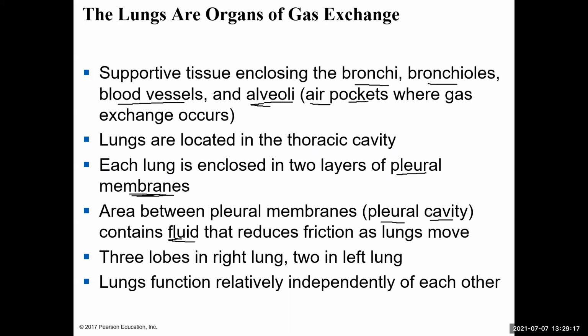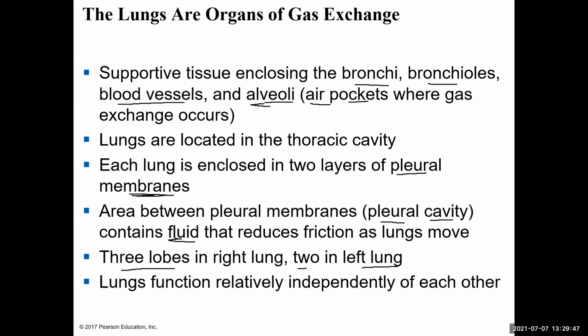So as we exhale and inhale, our lungs are expanding and contracting in size. And so that is causing the lungs to move, and you don't want friction to happen on those important tissues and cause damage to those tissues. A little interesting fact about the lungs is that the lung that's in the right cavity, your right lung, actually has 3 lobes, while the left lung only has 2.